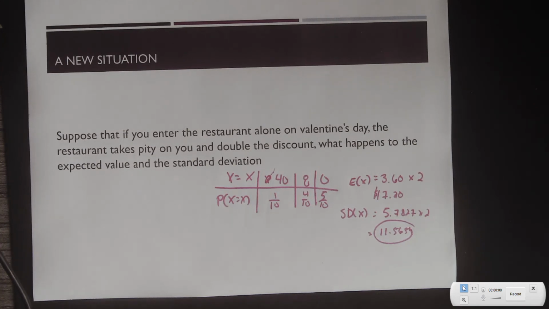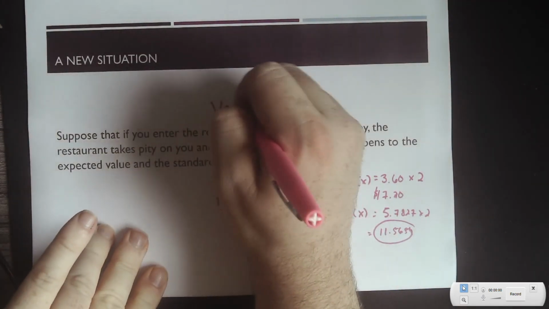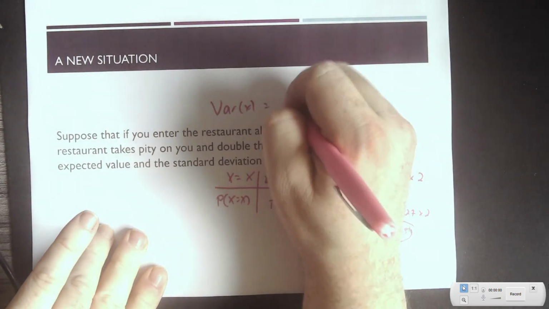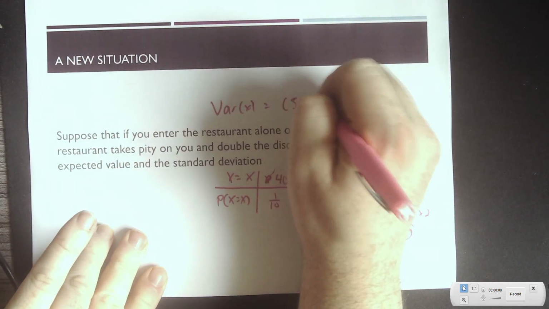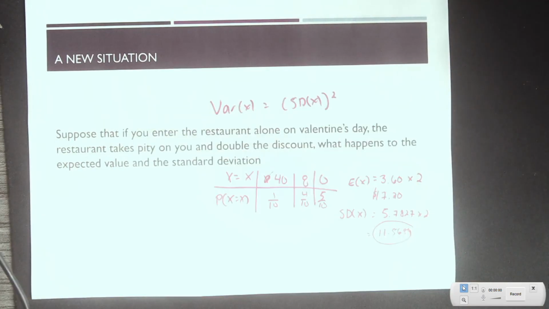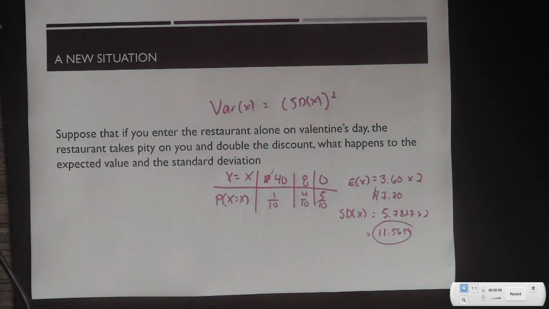Now the variance is a little bit different. Since the variance of x is the standard deviation squared, since we square root the variance to get the standard deviation, you would take the variance and multiply it by 4. Or what most of my students do to make it easier, they just take this number and square it to get the variance.